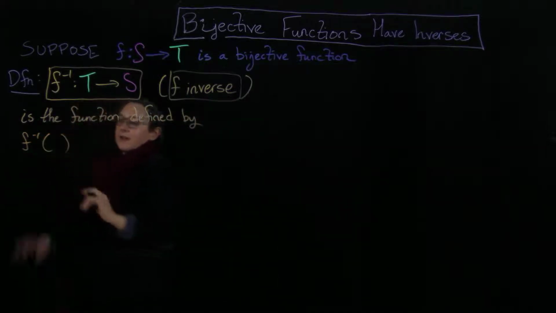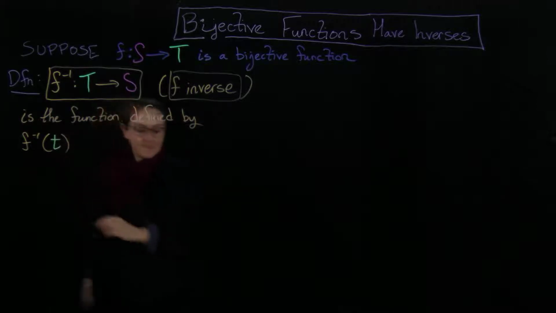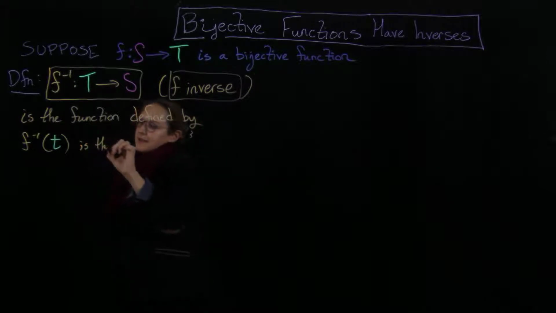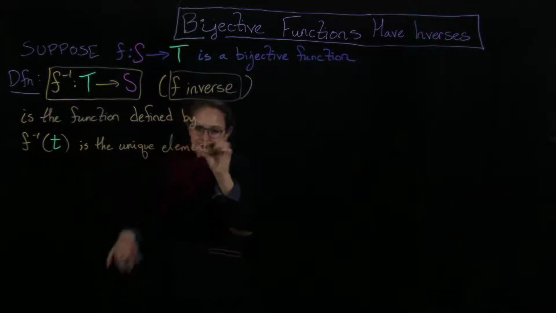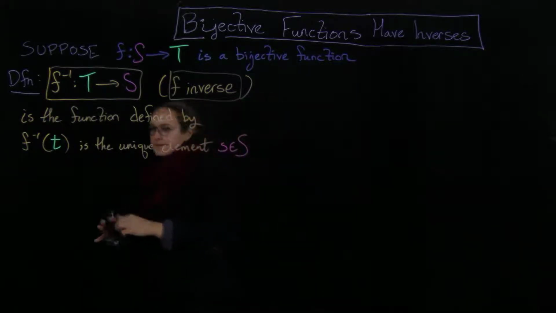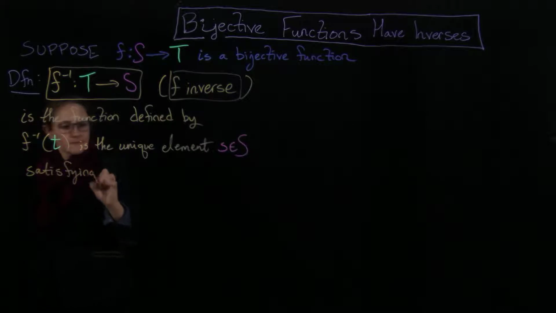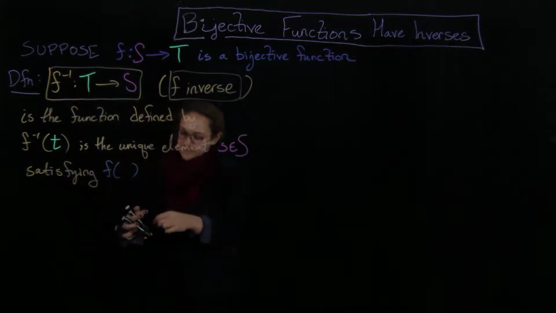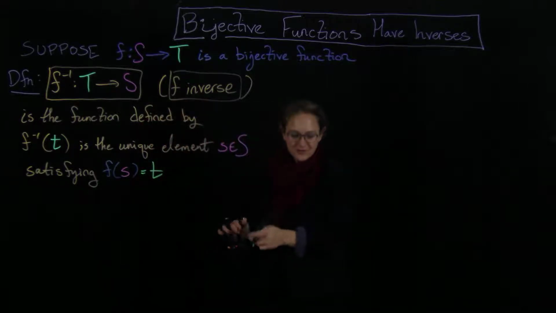We know that its inputs are coming from T, so I have to figure out what the output is for an element of T, and what it's going to be is the unique element s in our set S satisfying that when we go the other direction, if we take f of s, we get out t. Okay, so it kind of undoes it, goes the opposite direction.